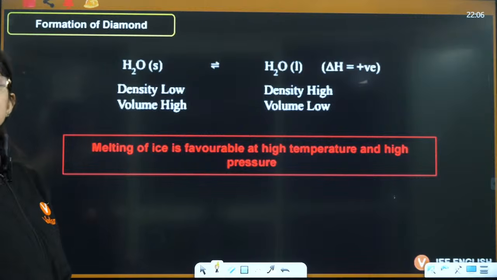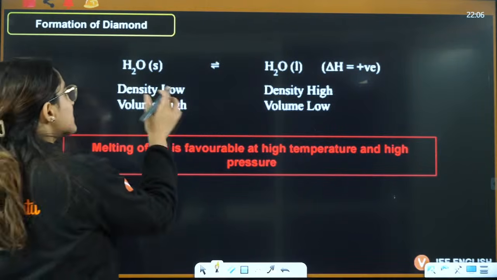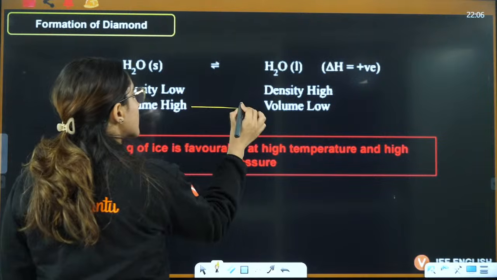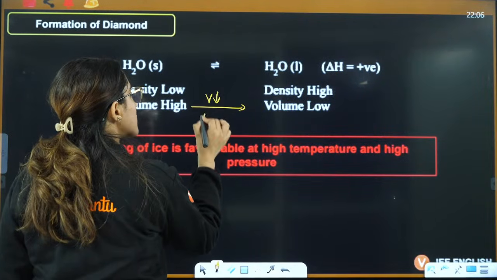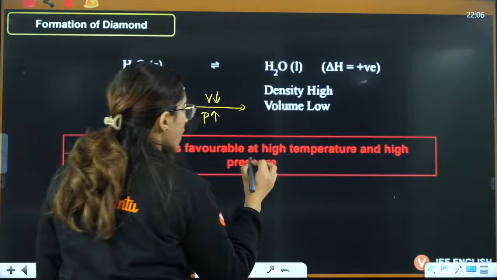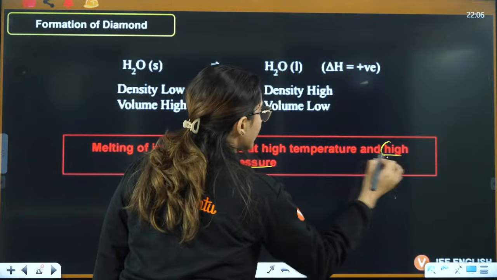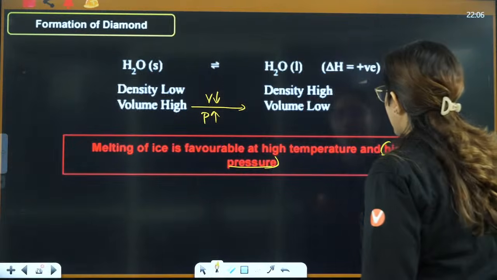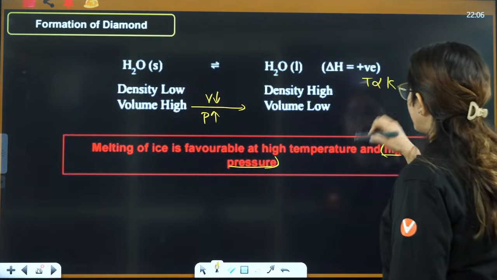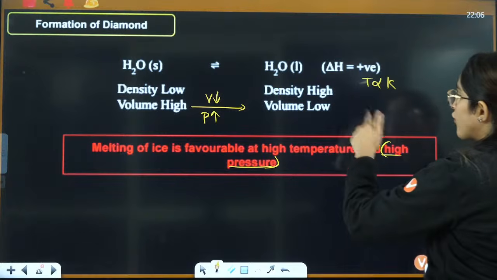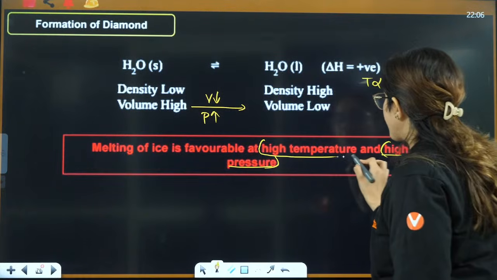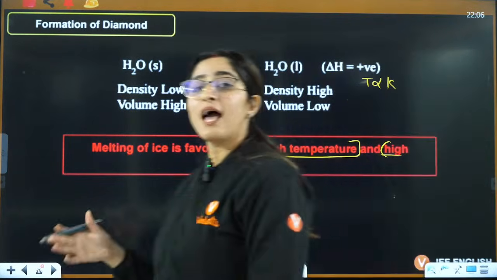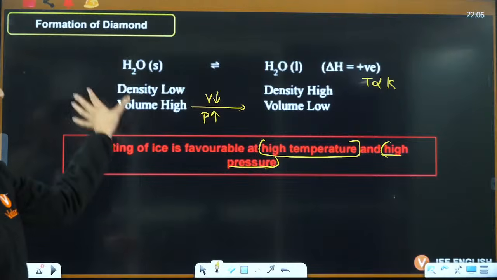Otherwise solid usually has high density, but in this case it has low density. So density is low, volume is high, and going from ice to water volume is decreasing, so pressure will increase. So high pressure is there. And what about temperature? For an endothermic reaction where temperature and K are directly proportional, to move in the forward direction you need high temperature here. These are the applications for these various reactions.